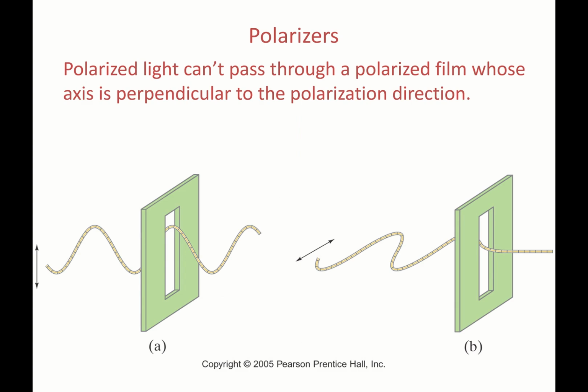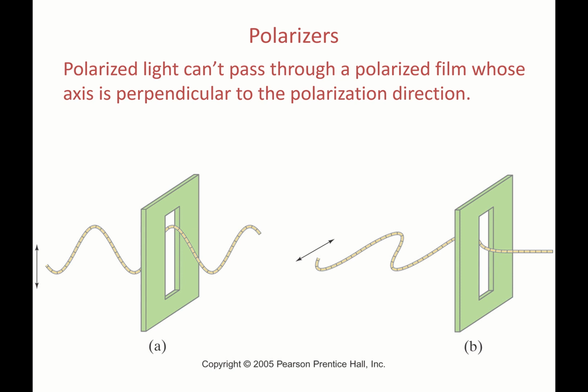A polarizer is a material through which light can only pass with its polarization in one direction. If you look at the picture on the right, you have a vertically polarized rope going through a slit that's also vertical, so the wave in that rope can get through it.